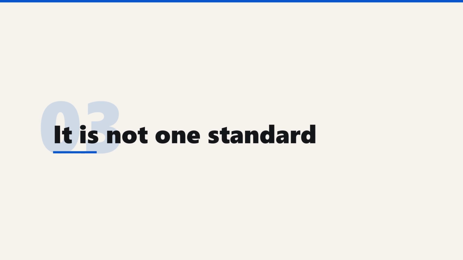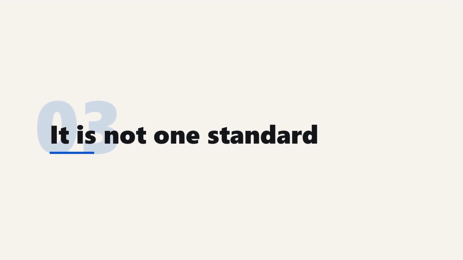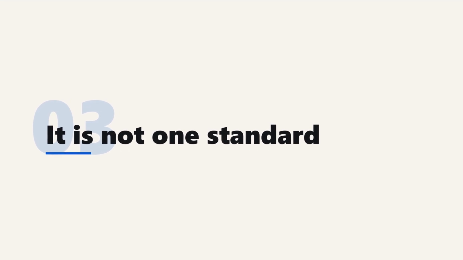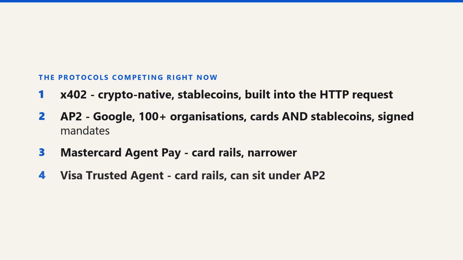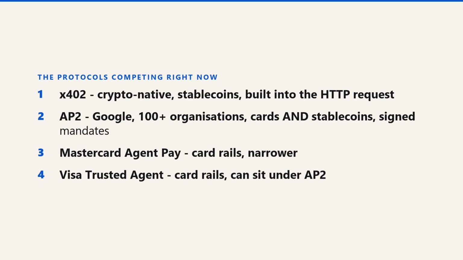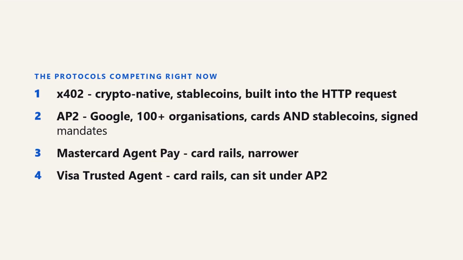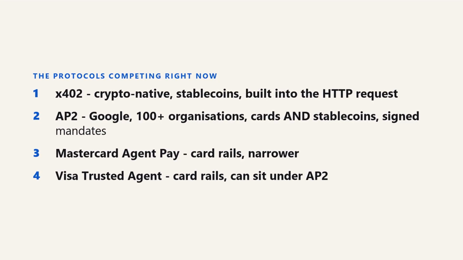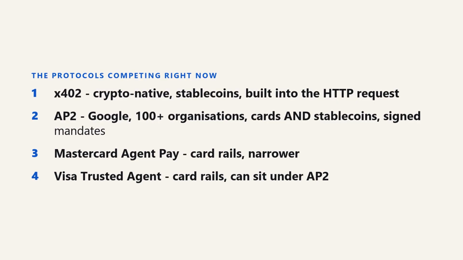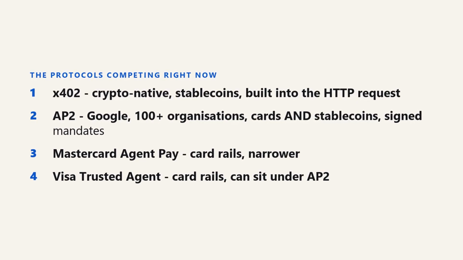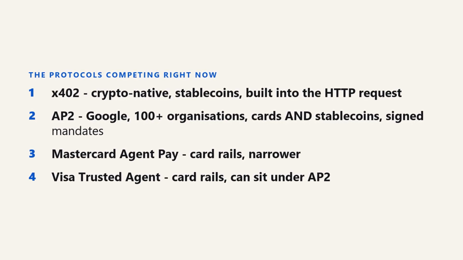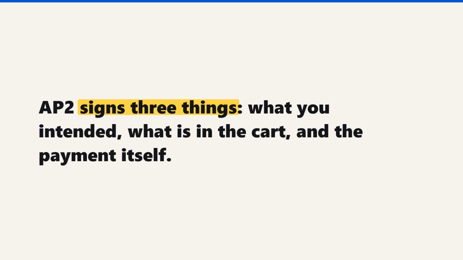It is also not one thing, and that matters if you are trying to work out where this goes. x402 is the crypto-native one. Stablecoins, settled on chains with cheap, fast finality, built into the HTTP request itself. Google's AP2 is the broader one. Announced in late 2025 with dozens of launch partners and over 100 organizations soon after, including the card networks.